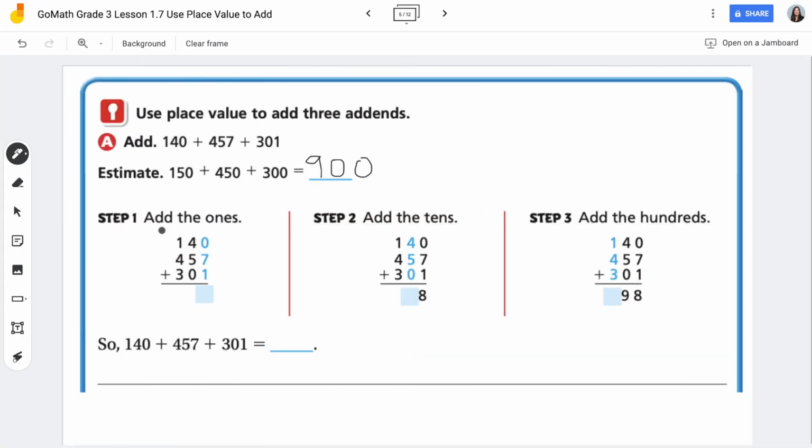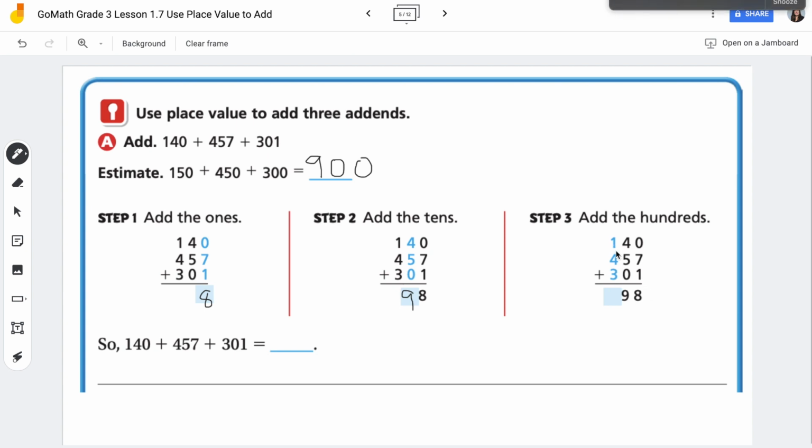I can start in the ones place. 0 plus 7 plus 1 is 8. And then I've got my 8. I'm going to add the tens. 4 plus 5 plus 0 is 9. Okay, so I've got 98 so far.